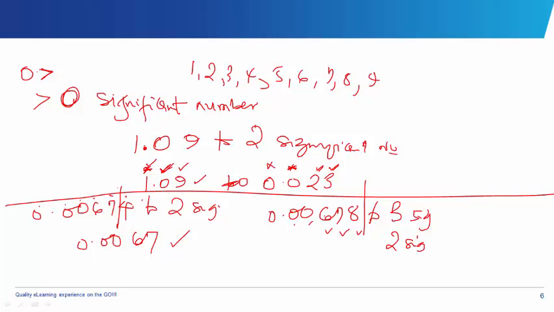This is a significant number, so we'll start counting from here as our first. This is the second, and we'll cut it from here. But this is greater than 5, so it rounds up to 1, and the 1 will now add to this to make it 8. So our answer now becomes 0.0068. With these examples, I hope you understand the concepts of significant numbers.